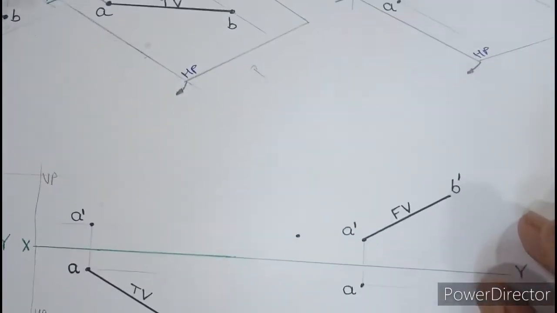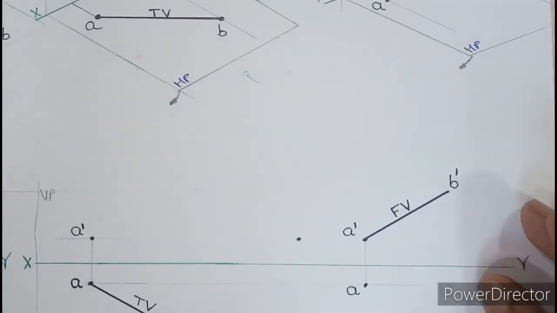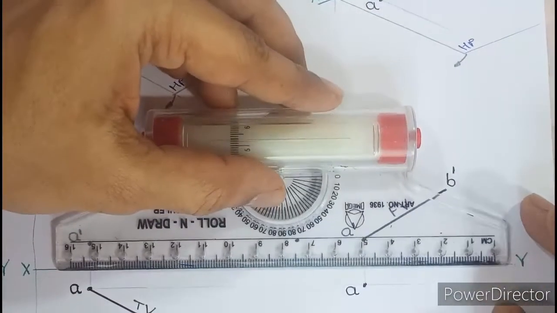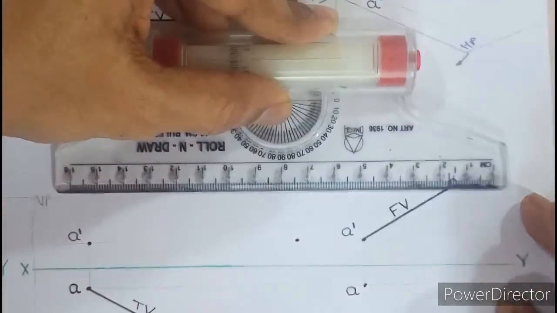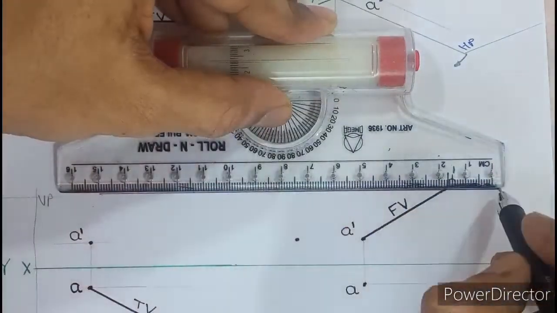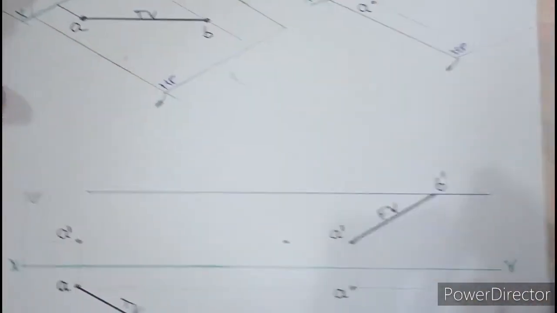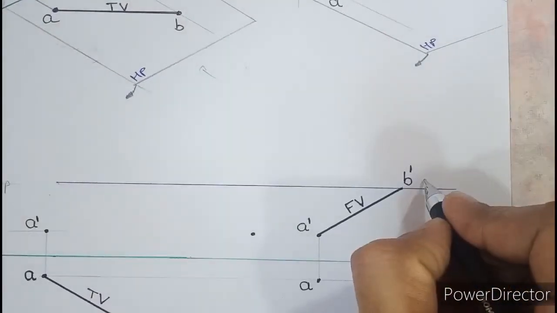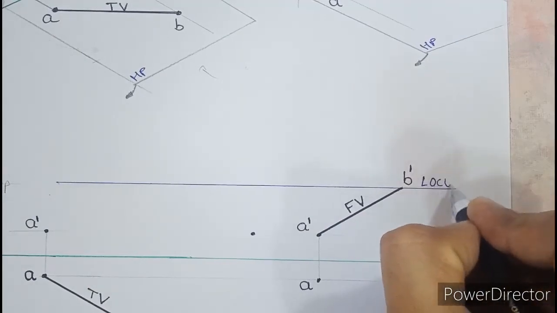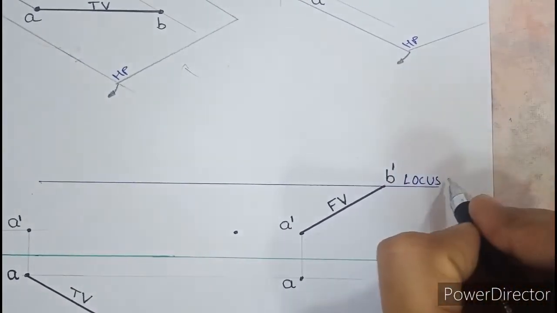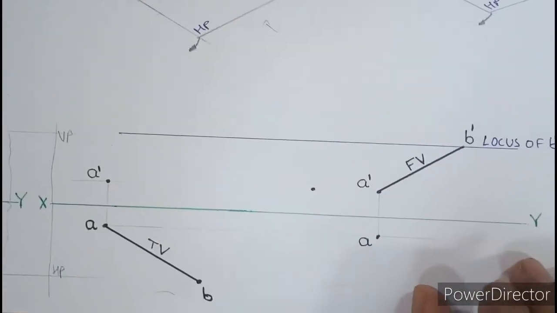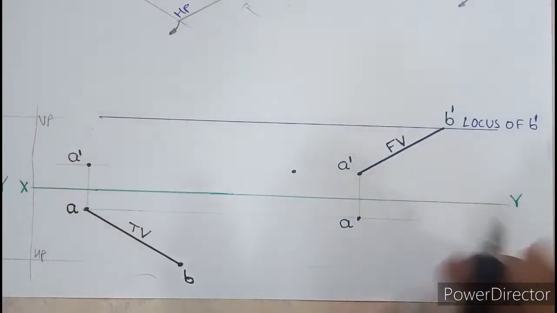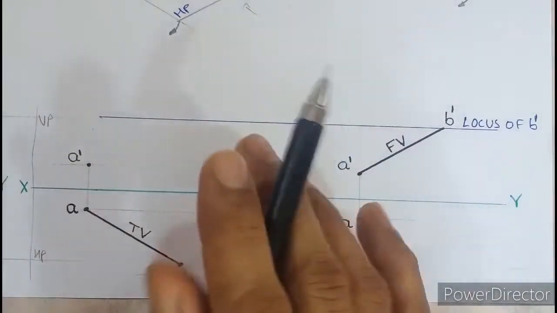So what I'm supposed to do here is, from B dash, draw a light line parallel to XY. And what am I supposed to write above? Locus. Locus should be written in capital, and B dash will be small. That is how the locus has come out because of the fan concept.